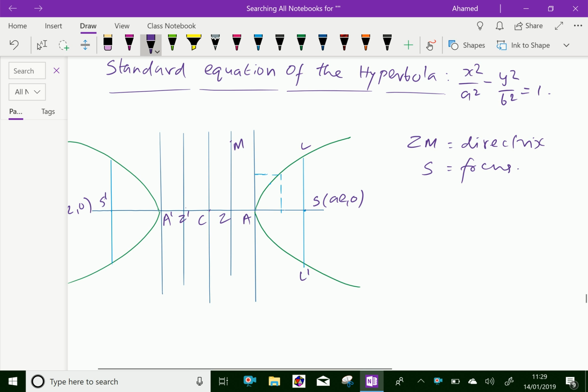Now draw ZM perpendicular to SZ from the focus.